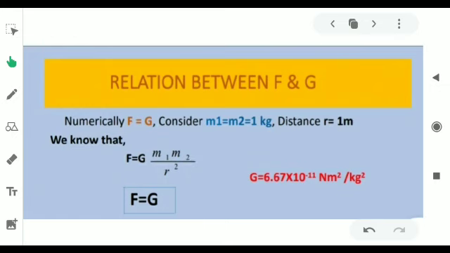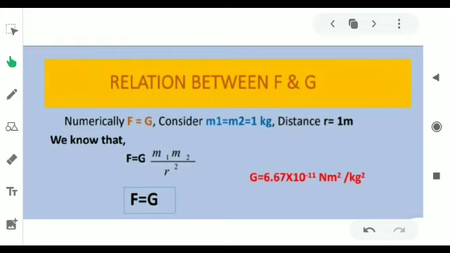Therefore, F is equal to G. This means the gravitational force is equal to the value of the gravitational constant. That means F is equal to 6.67 into 10 to the power minus 11 Newton meter square per kilogram square. Clear?